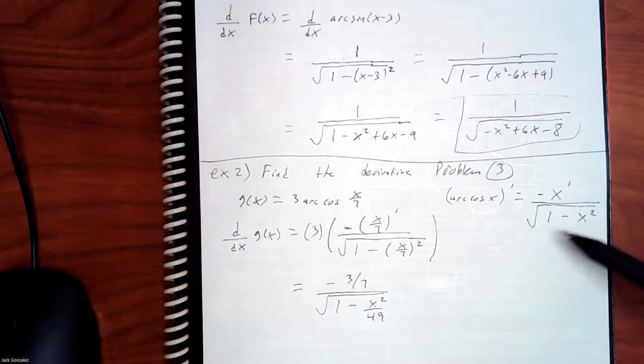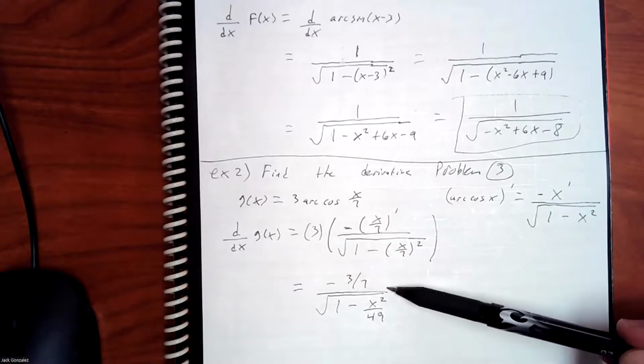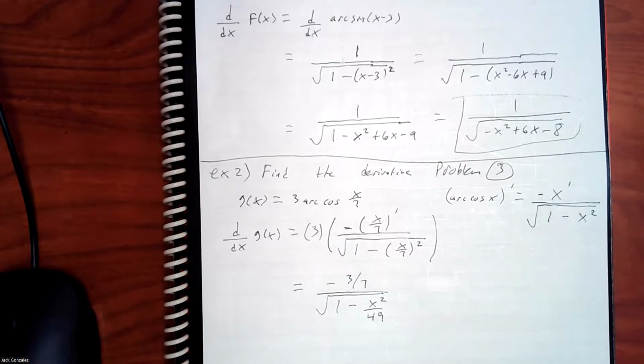That x again is the argument, so x over 7 squared would be x squared over 49. And then arc cosine, we're taking the derivative of that because it's considered a complex one.